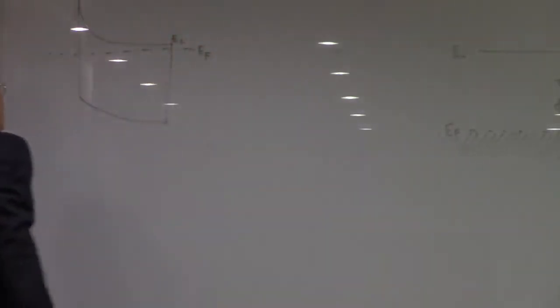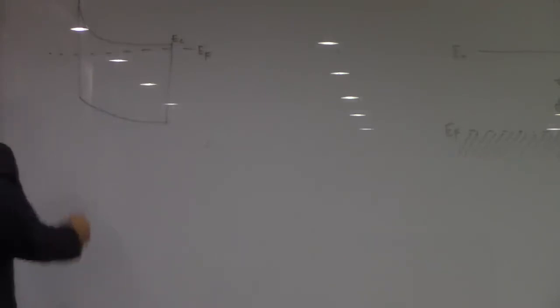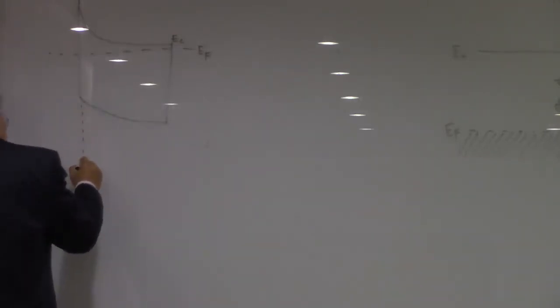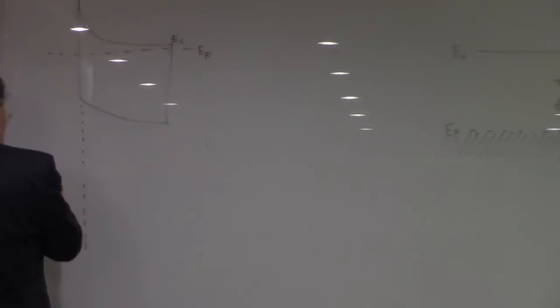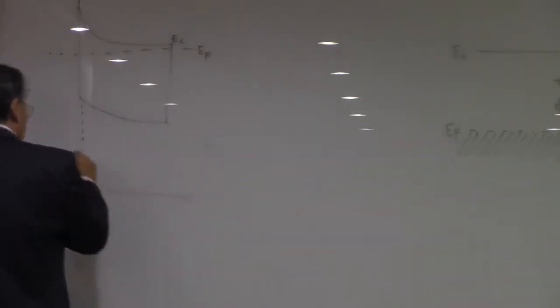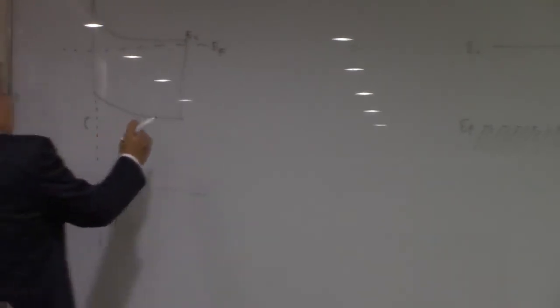So you can see when you make a junction between metal and semiconductor, the band bending is going to look like this. And this is the Fermi energy, and this is the conduction band. Okay? And we can draw the charge densities according to this.